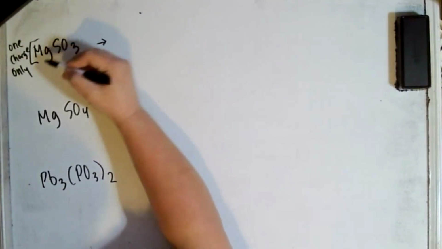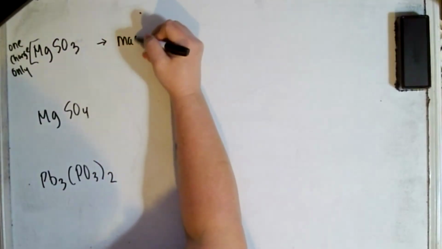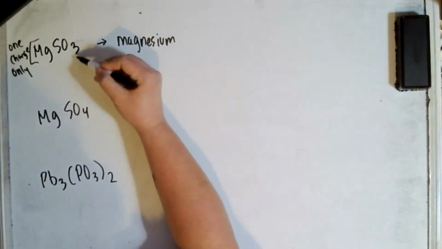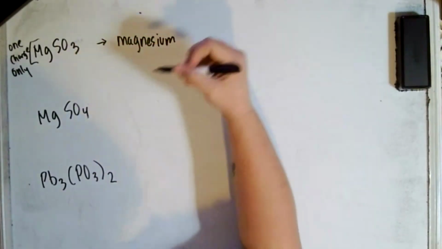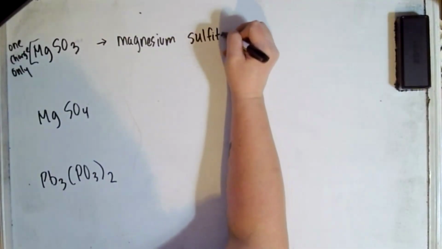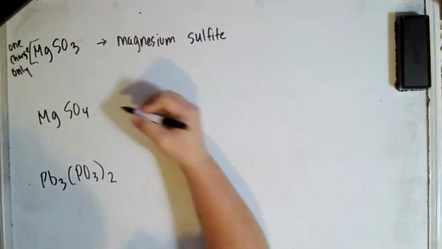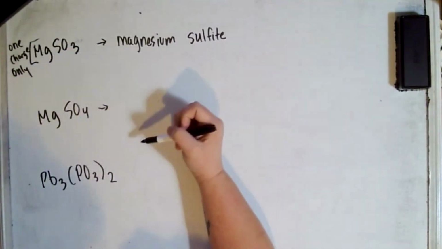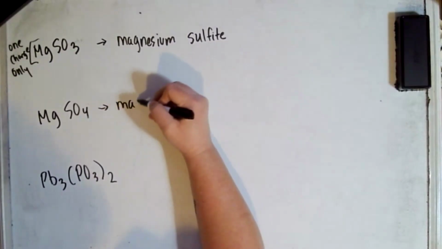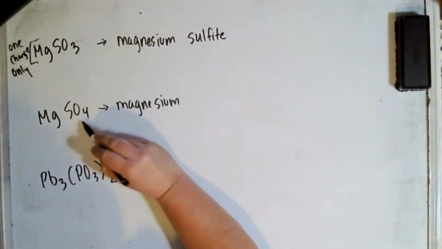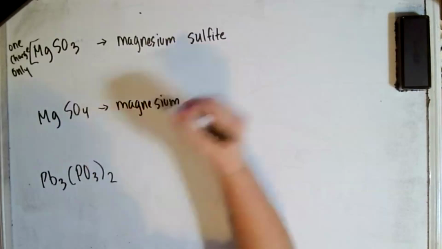So when we name this, we're just going to name the metal, magnesium, and then the name of the polyatomic ion, SO3, is going to be the sulfite ion. Okay. For our next example, we've already decided that magnesium only has one charge, so we can just use the name of the metal. This time it's attached to the sulfate ion.